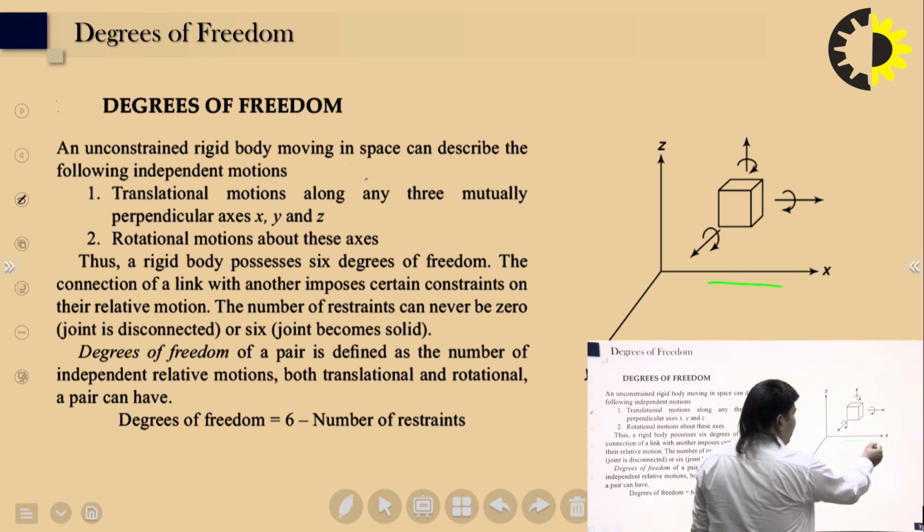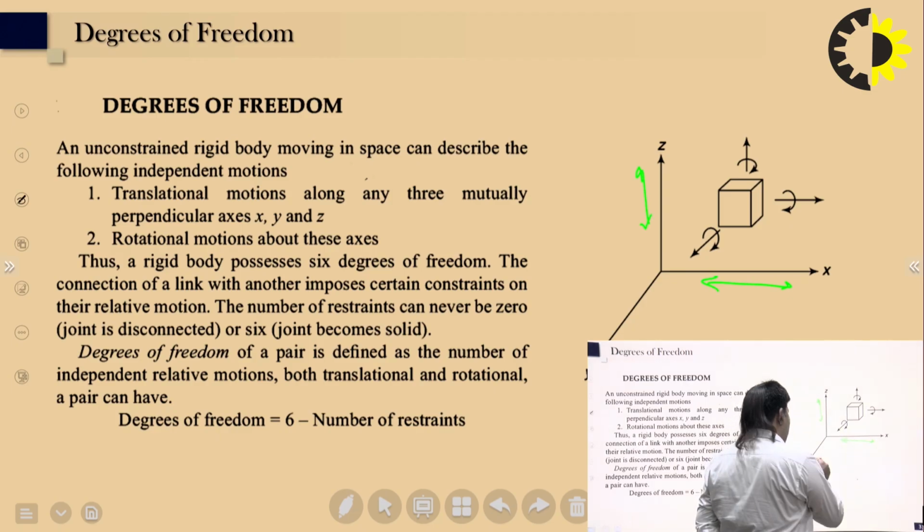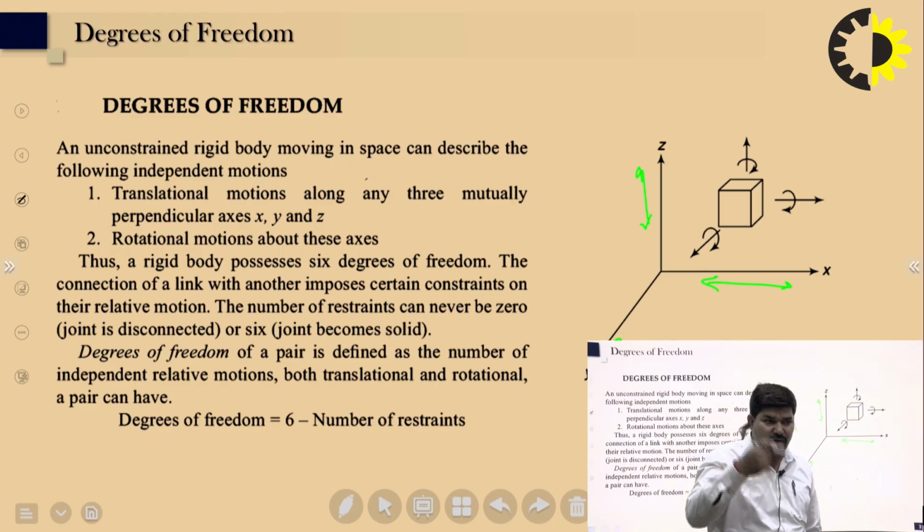So there are three translation motions along x, y and z. And second, there are three rotary motions, that is the rotational motion about these axes.